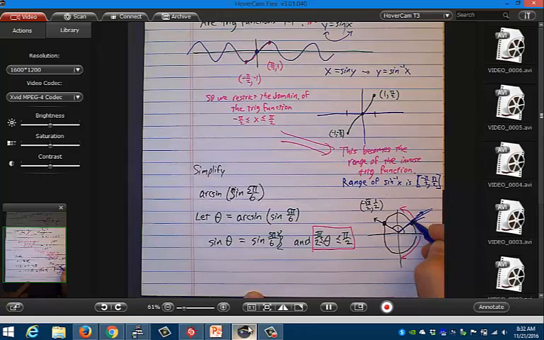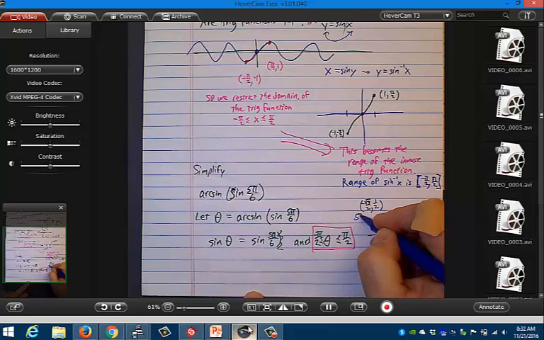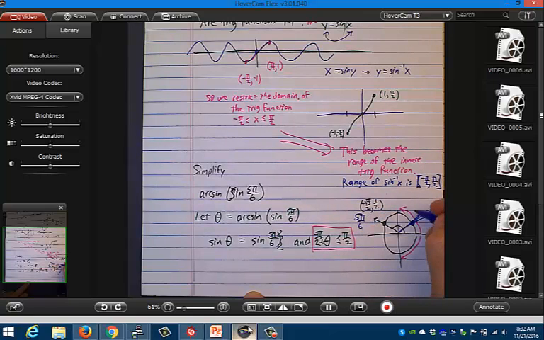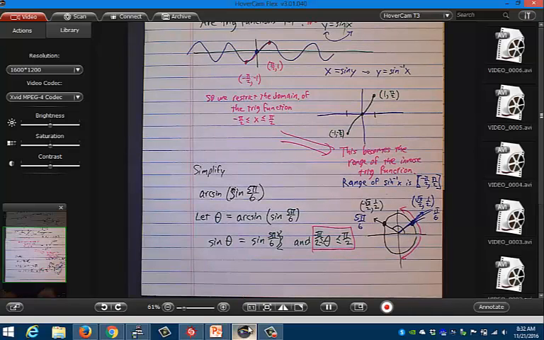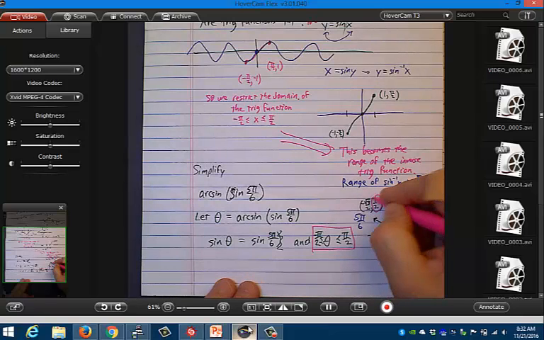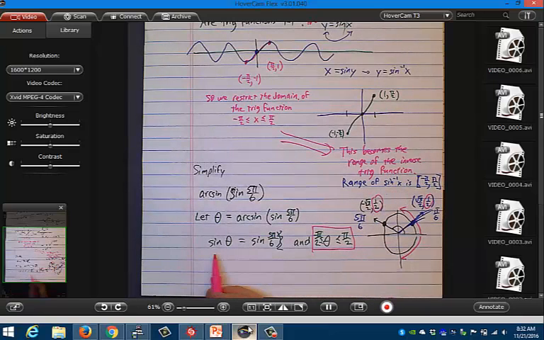But the point is that point there, pi over 6, has the same sine as 5 pi over 6, because this would be radical 3 over 2, comma 1/2. And so, all you care about is the sine, right? The sine of theta equals that 1/2.